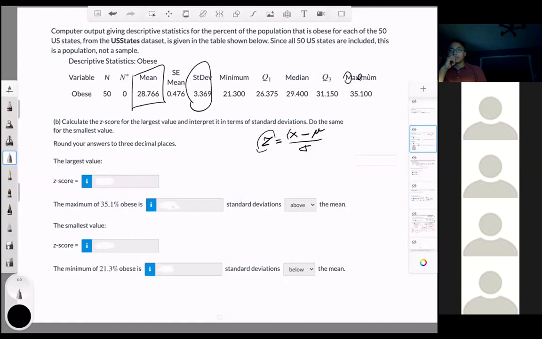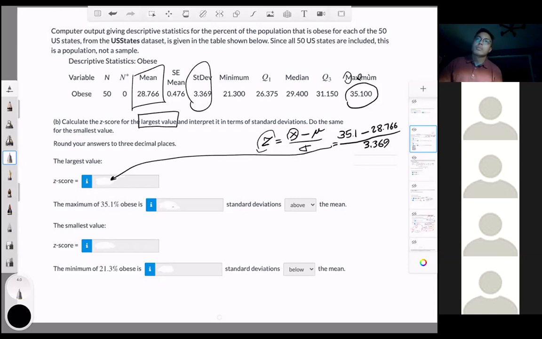So x is from our data, and they said calculate the z-score for the largest value. They might say x equals 40 or 50, but they give us the largest value. So we're going to say 35.1 minus the mean, 28.766, divided by the standard deviation, 3.369.